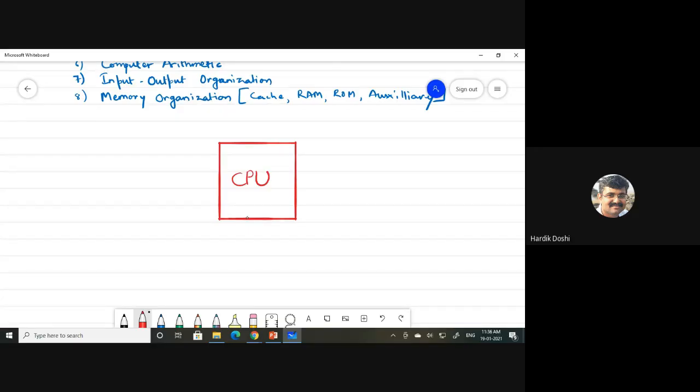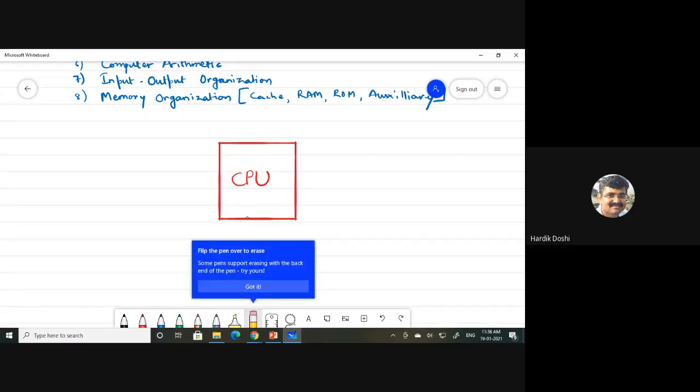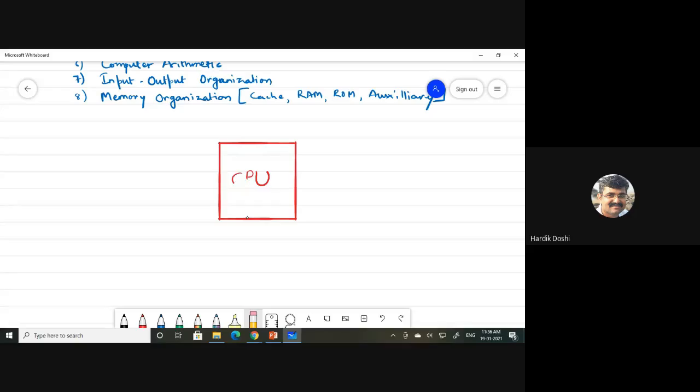This CPU consists of three parts: one is ALU, second is CU, and third is memory, that is primary memory. Completely, this we term the CPU.